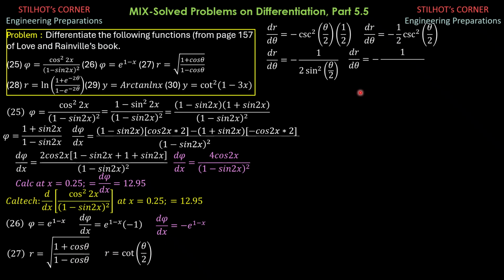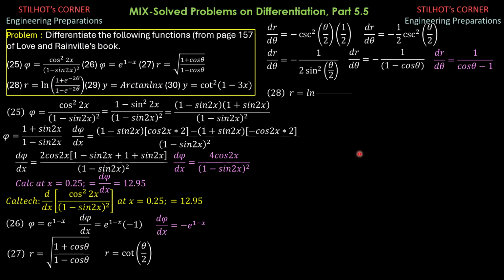So dr d theta is negative of 1 over 1 minus cosine theta. Distribute the negative sign, then the final answer is 1 over cosine theta minus 1. So this is my final answer, and it's the best answer rather than this answer here, but they are the same.